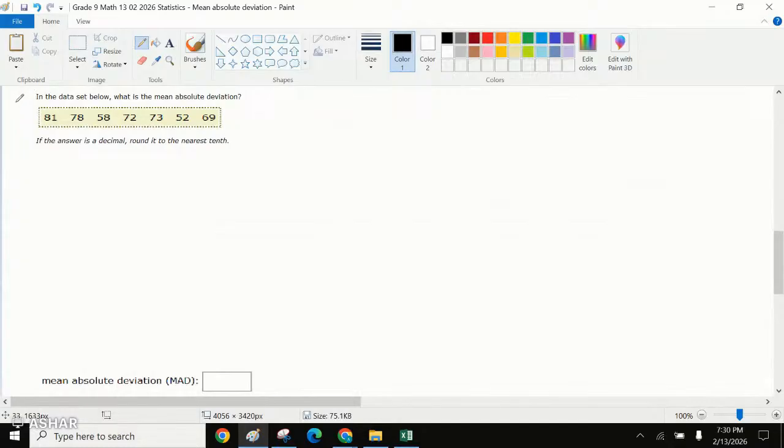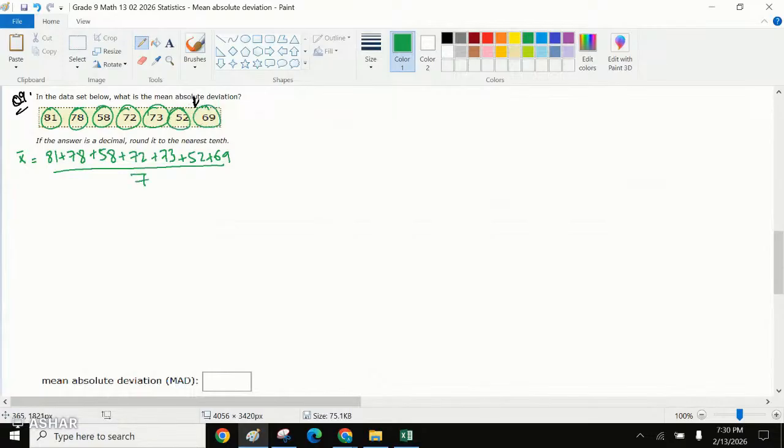Question number 9. We know that we can find the mean: 81 plus 78 plus 58 plus 72 plus 73 plus 52 plus 69, divided by how many values? 1, 2, 3, 4, 5, 6, and 7 values.